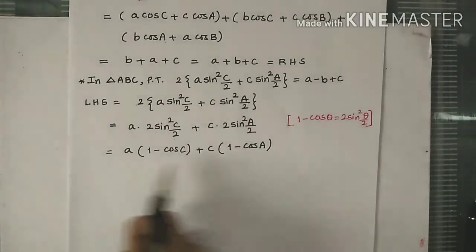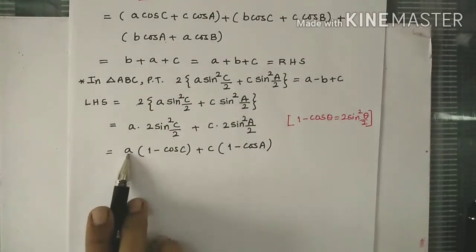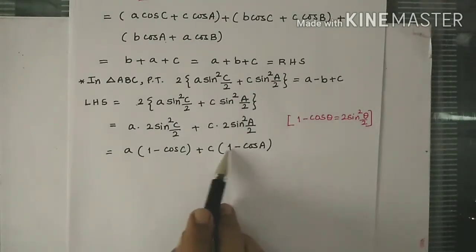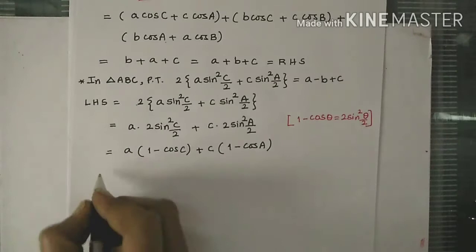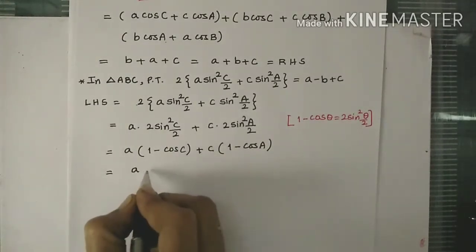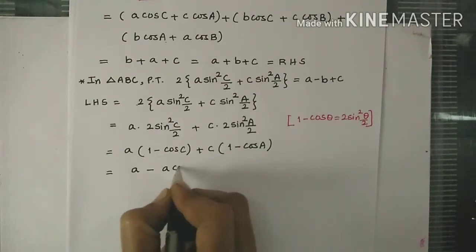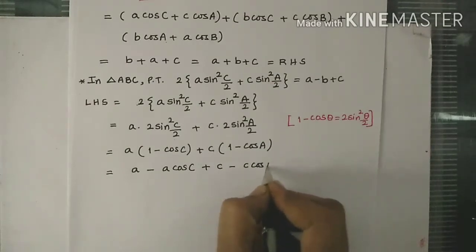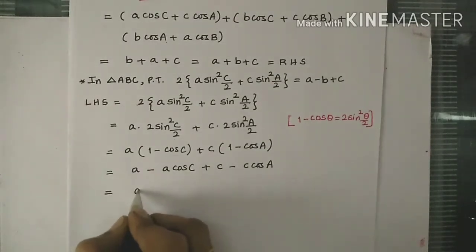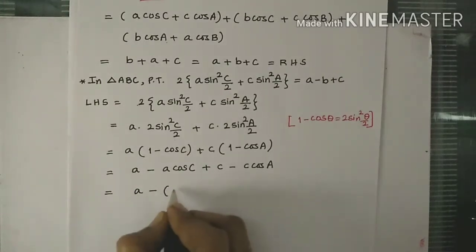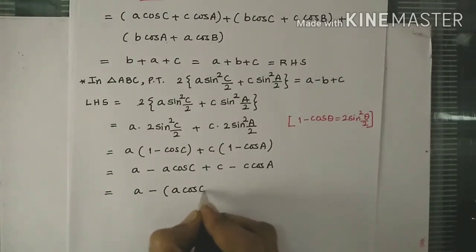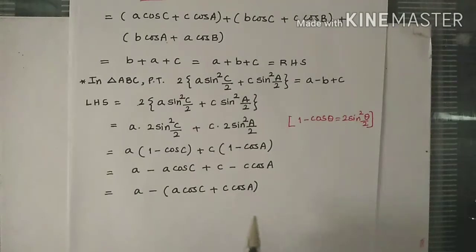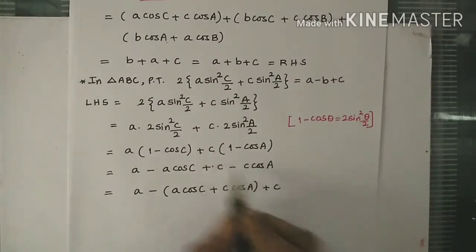And multiplying this bracket by a and c, you can see here we will get a into 1, and that is the first term in the right hand side. Similarly, we will get c into 1, that is c, which is also a term in the right hand side. So multiplying the first bracket by a, we get a - a cos C + c - c cos A. Now collecting these two terms together and taking the minus sign common, we get a cos C + c cos A. As we have taken the minus sign common, in the bracket we will get a plus sign, and this plus c as it is.